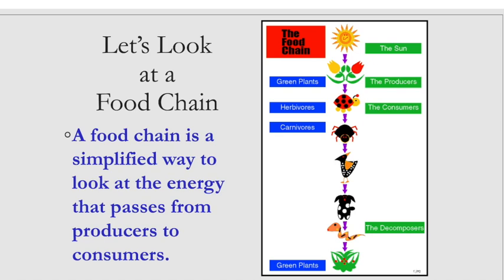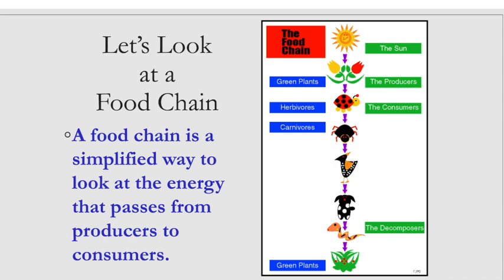Very good. So as you see, you have the food energy transferring from the sun to the plant, and then the plant to, we see a ladybug, the ladybug to a spider, then the spider to the bird, to another animal, and then the other animal to the snake, or that looks like a rabbit.